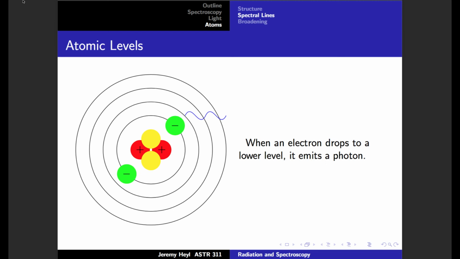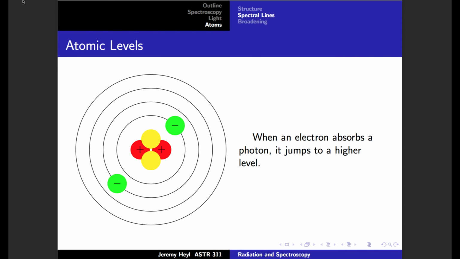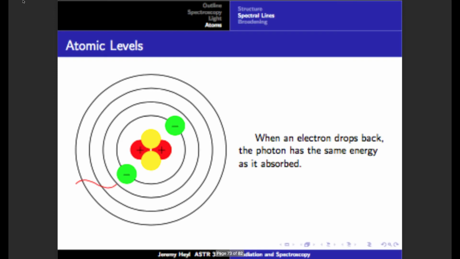Here I've done a blue photon. But since the levels were in certain spots, those energies would always be the same for a given atom, because the rungs of the ladder are determined by what type of atom you are. So here it absorbs a photon, the red photon comes in, and it jumps up to a higher level.